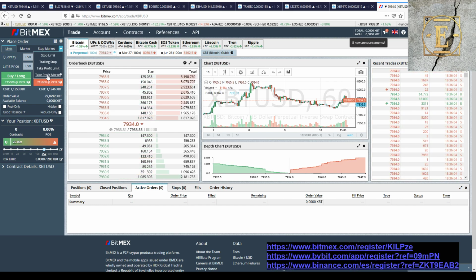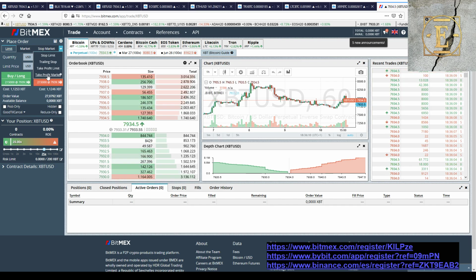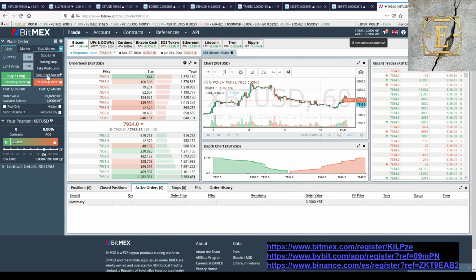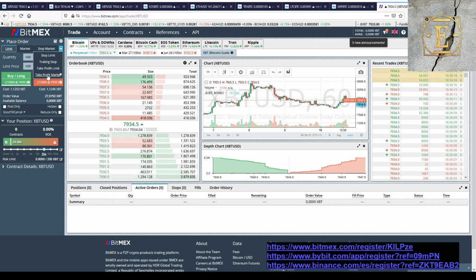If you close your position because the price is going against you, the moment you close the position, the take profit order disappears. So it's not the same as putting a limit order.